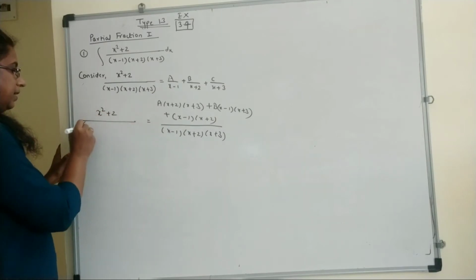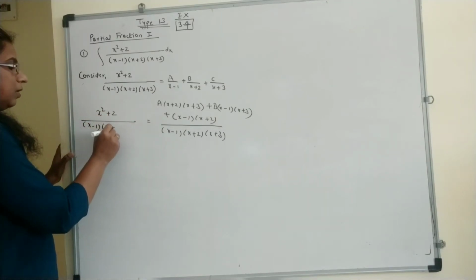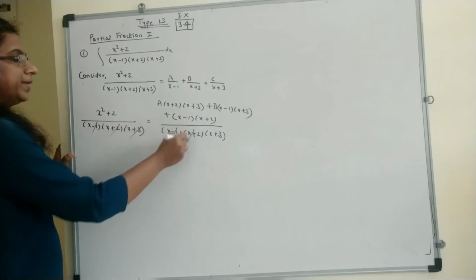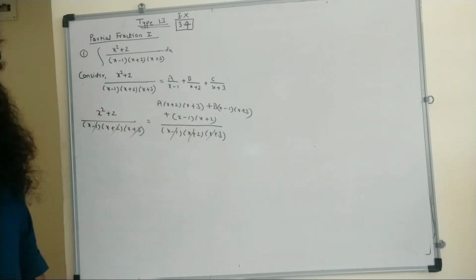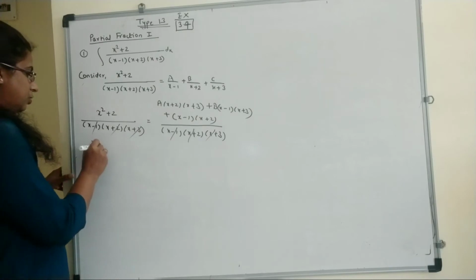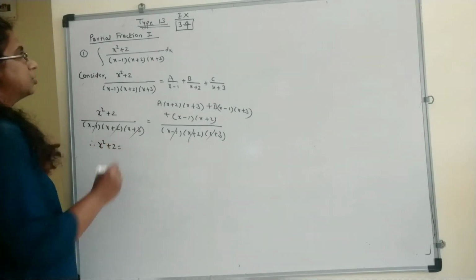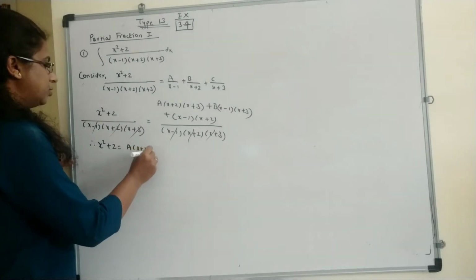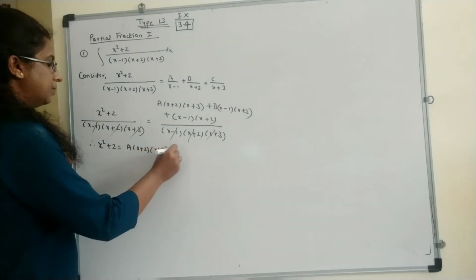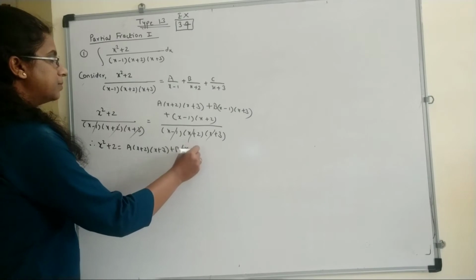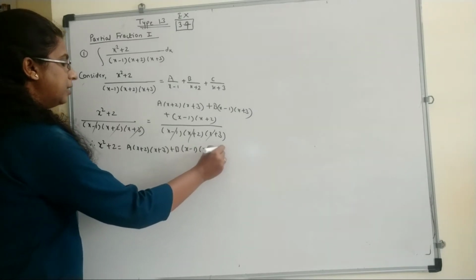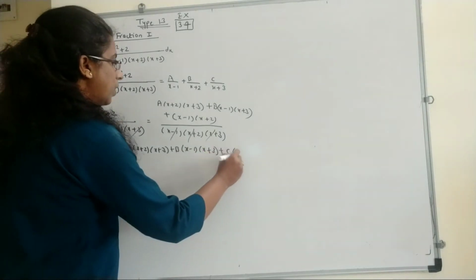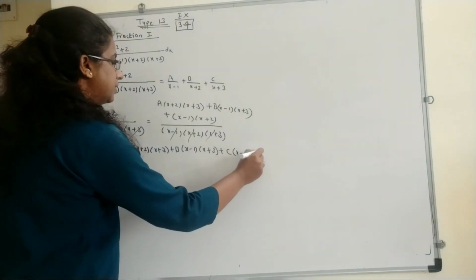Now the denominators cancel on both sides and we equate the numerators, and so x square plus 2 is equal to a times x plus 2 into x plus 3 plus b times x minus 1 into x plus 3 plus c times x minus 1 into x plus 2.